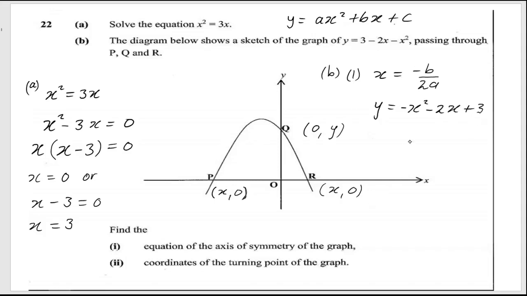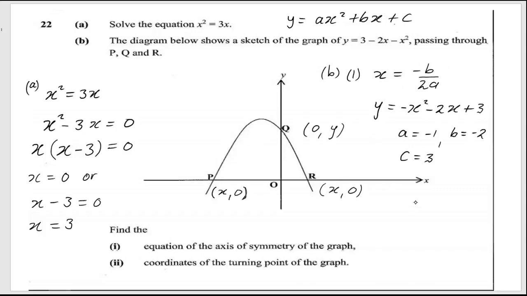So a is negative 1, b is negative 2, and c is positive 3. So once we have those, we can now find the line of symmetry using this formula.